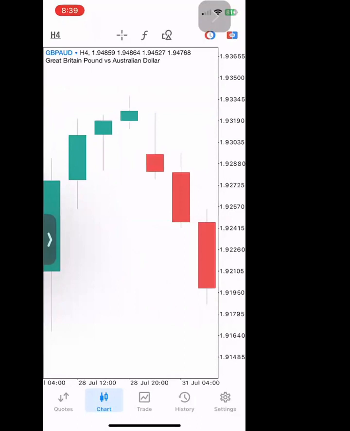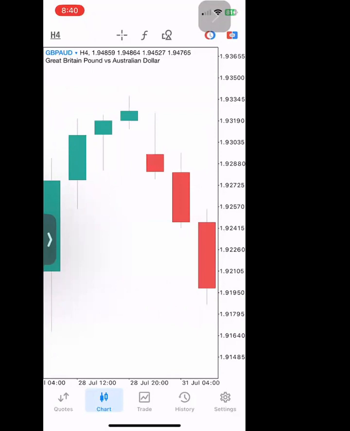Some of the candles are small, but it doesn't matter the size. As far as the top left says H4, that candle represents 4 hours. I know someone will say, so if I enter a trade on 4 hours, I have to wait 4 hours? No, that is not it.